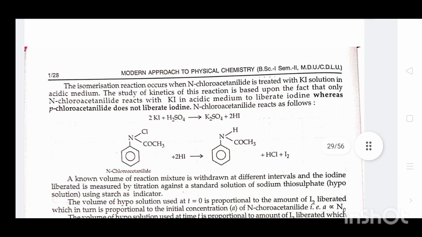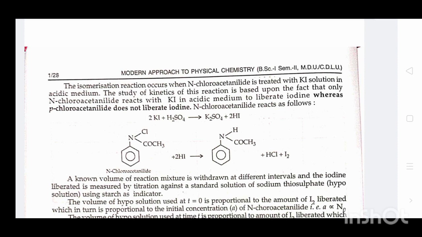The isomerization reaction occurs when N-chloroacetanilide is treated with KI solution in acidic medium. The study of kinetics of the reaction is based upon the fact that only N-chloroacetanilide reacts with KI in acidic medium to liberate iodine, whereas para-chloroacetanilide does not liberate iodine.